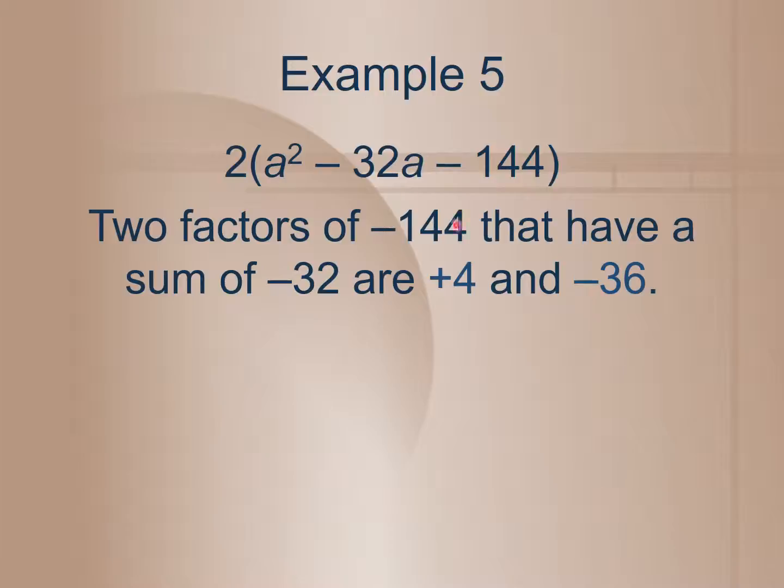Because 36 is larger, it's going to share the sign of our middle term. Our middle term is negative, so that means 36 is negative, and our smaller number is positive. So that means 4 and negative 36, which makes sense because 4 plus negative 36 is negative 32. So those are our binomials.